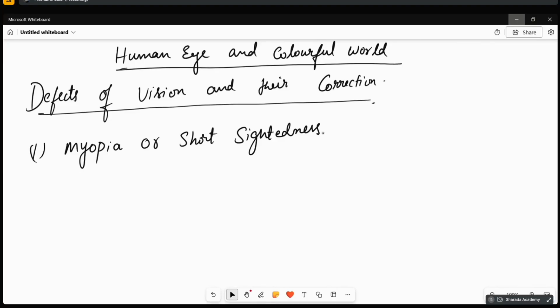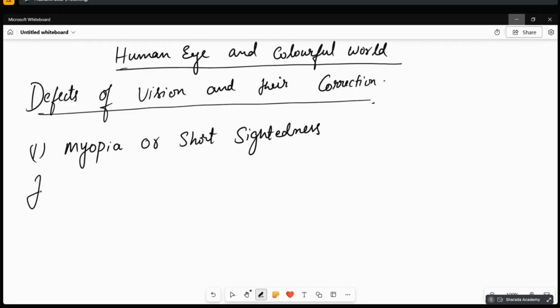Short-sightedness means the person can see short distance properly. At near distance he can see properly, but the far distance he can't see properly. That is called short-sightedness or myopia.